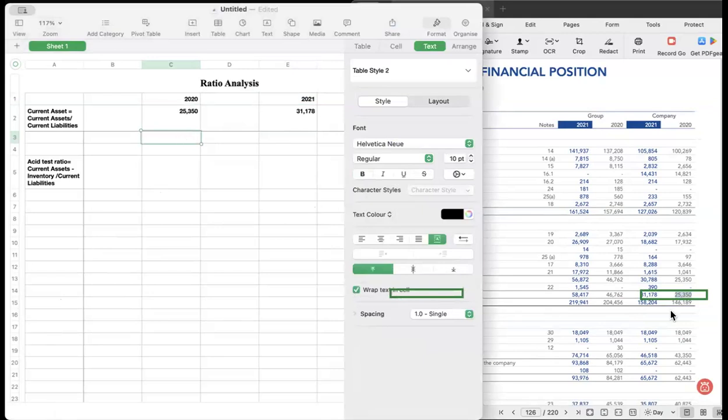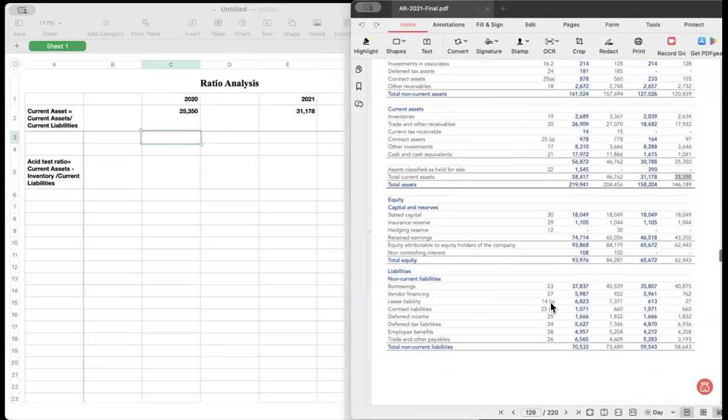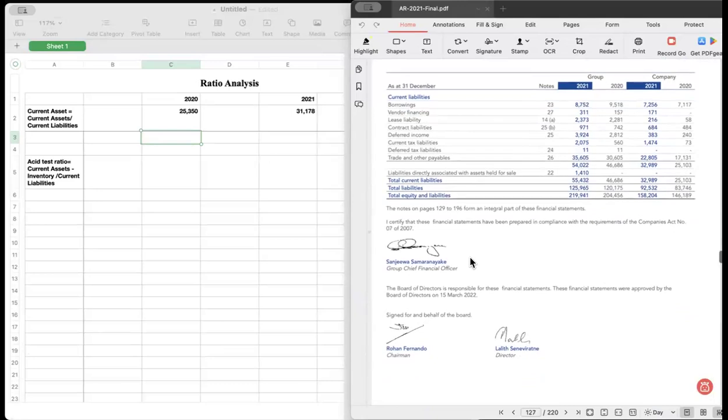Okay, and now let's look into the current liabilities. Current liabilities is all the way down. You have the non-current liabilities here, so current liabilities is over here. Again, you have the total current liabilities, which is this, and we only need this data, right? Which is 32,989.